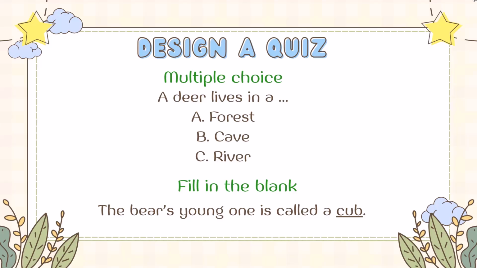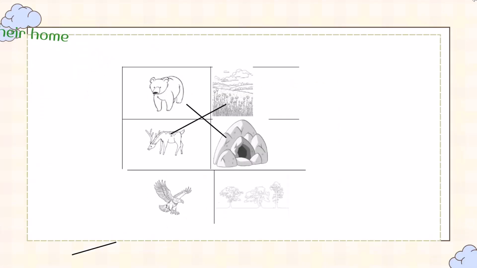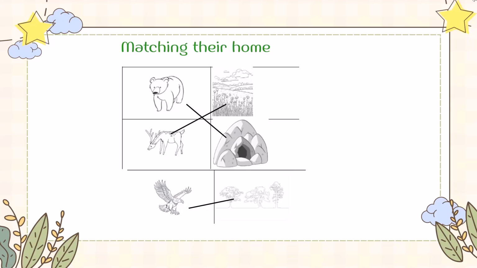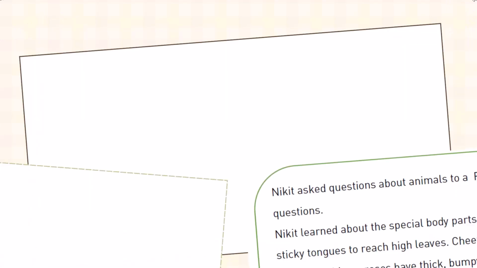Give them options. Fill in the blank: the bear's young one is called a dash. Match the following: you can do a matching the home question by putting the animals on one column and the houses on the other column.